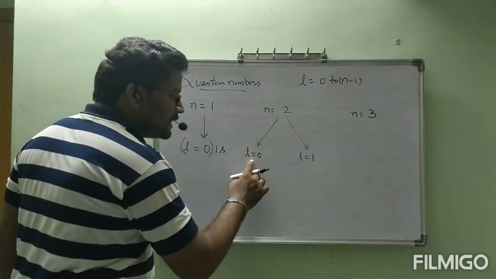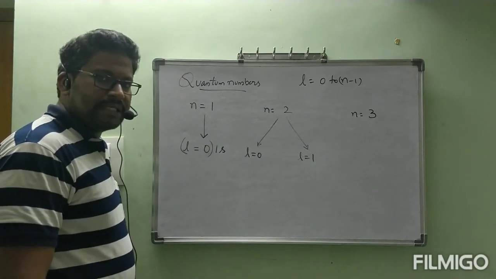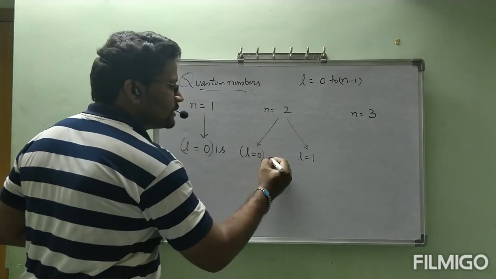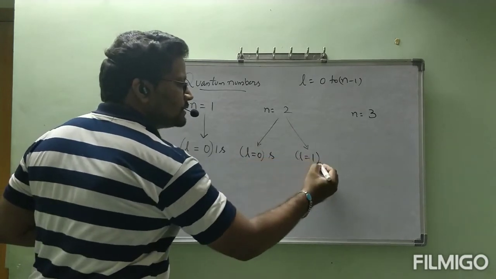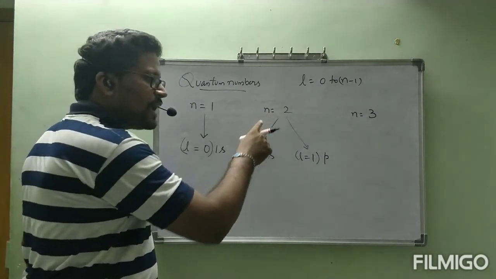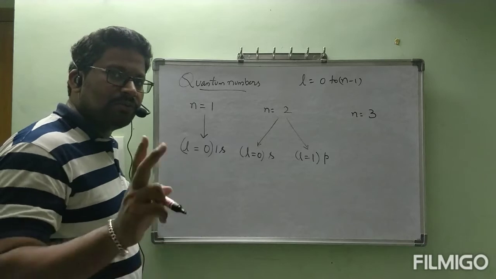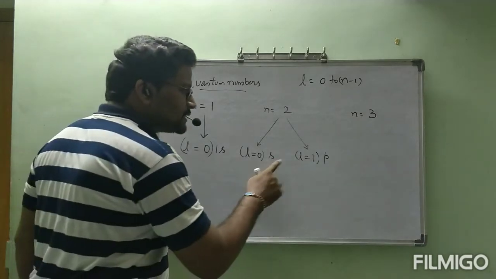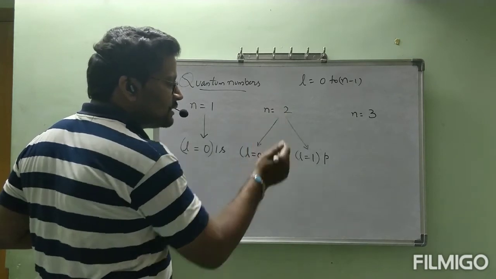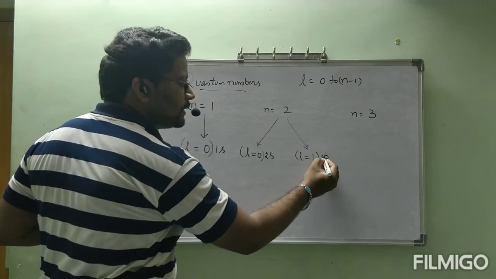L is equal to 0 means S subshell. L is equal to 1 means P subshell. So second shell has two subshells. Those are S and P. These two are belonging to second shell, so this is 2S, this is 2P.